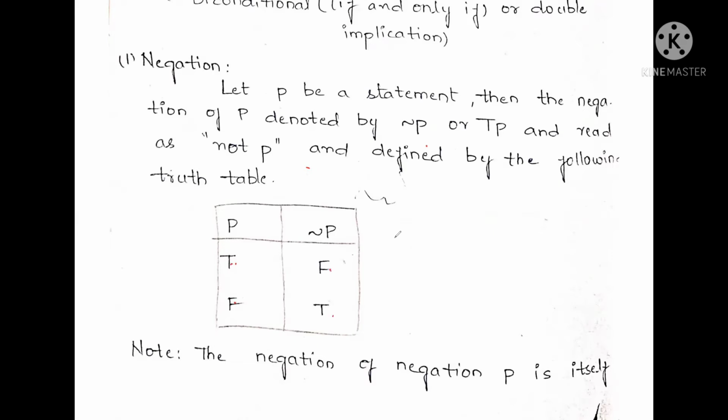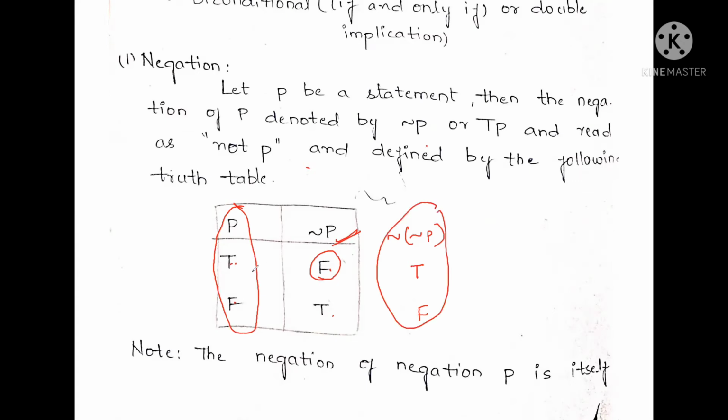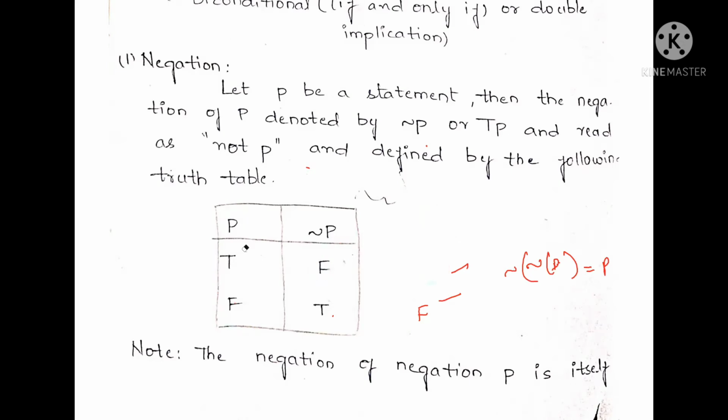If you do negation for this column, not false is true, not true is false. Now look at this column and this column. Both are the same. So the negation of negation P is again P itself. You have to remember this note point because it is very important.